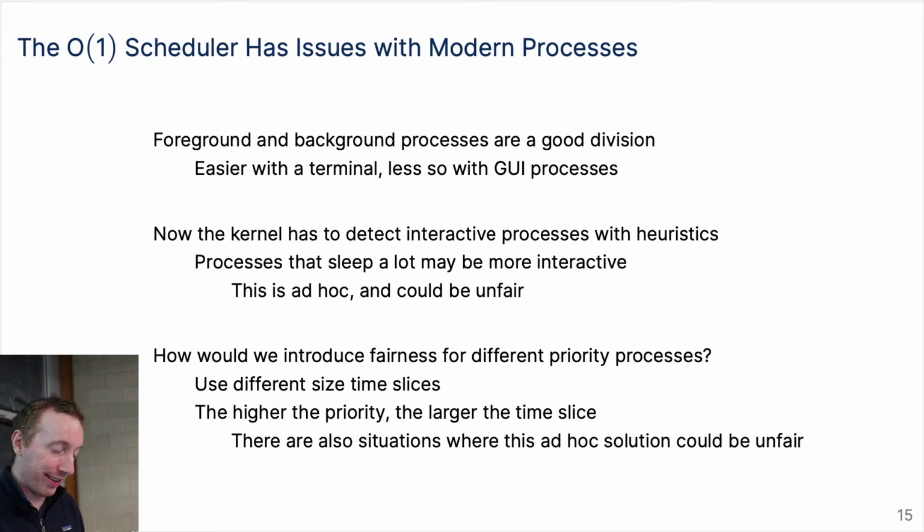This is better, but is also kind of ad hoc and hand wavy. You're just kind of guessing. Ad hoc? Ad hoc just means I'm just guessing, like it's a complete shot in the dark. I'm just making something up. It's just a fancy way of saying I'm making something up.